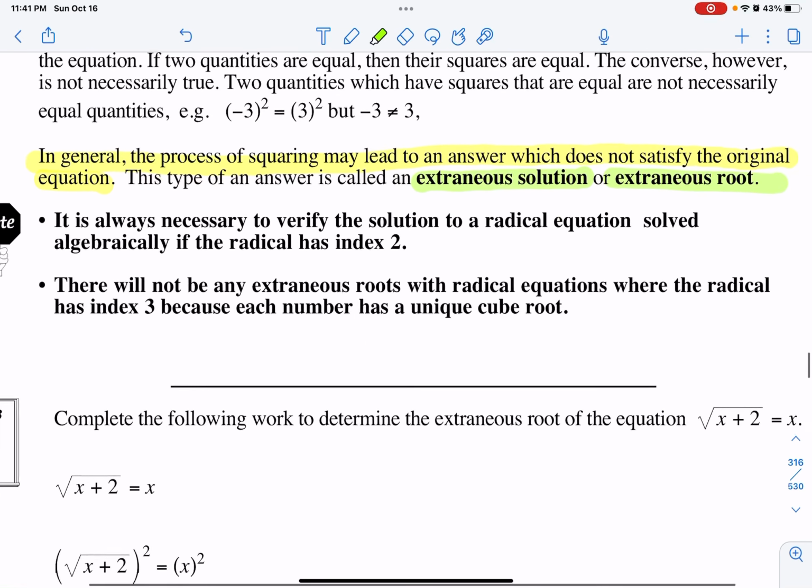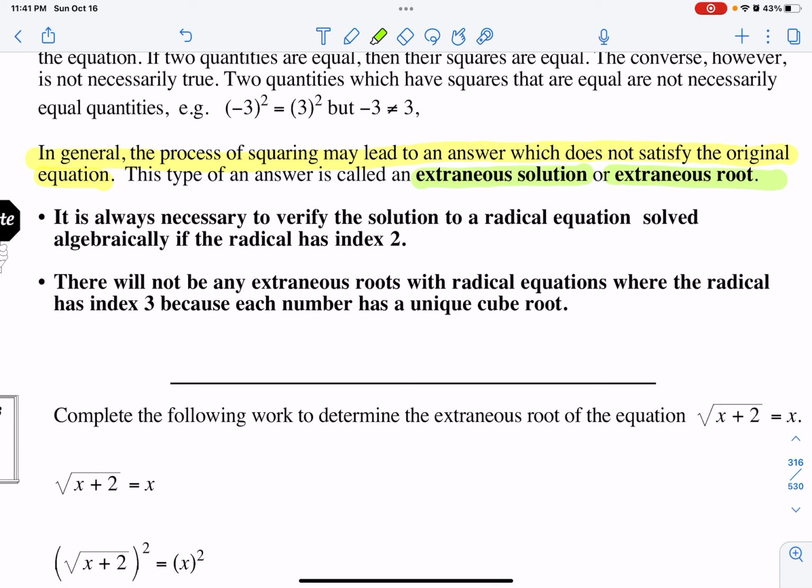Now, a couple notes here. It's always necessary to verify the solution because it can be solved in a couple different ways, or we can get more than one x value. And then finally, there will not be an extraneous root with a radical equation where the radical has an index of 3. Why is that? Well, we know that when there is a radical of an index 3, it can have a negative value.